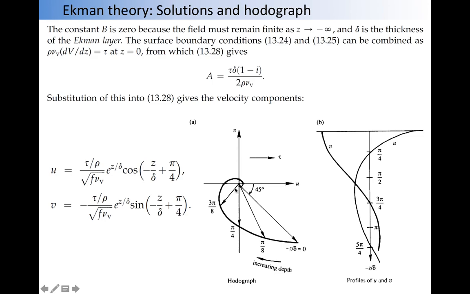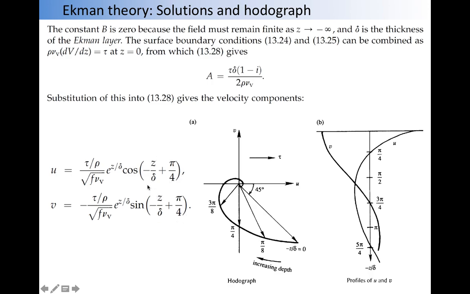I used my copy, with handwriting, excerpted from the textbook. I thought it's the same, but the way it is written is a little confusing. So if you choose pi over 4, when it's minus z over delta, this will be pi over 2.